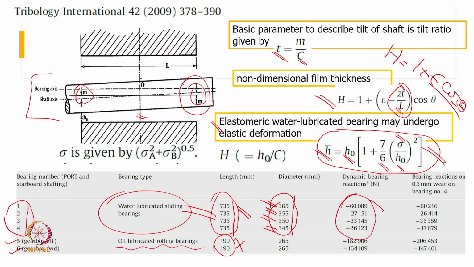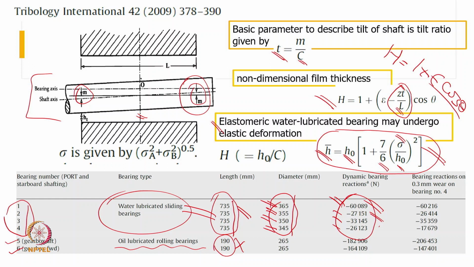The first bearing load is almost 60 kilonewton, while coming to the second, it is somewhat lesser, maybe lesser than 50%. But for the second, third, and fourth, the load applied is more or less the same. So only the first case is a severe case where more bearing damage may occur.